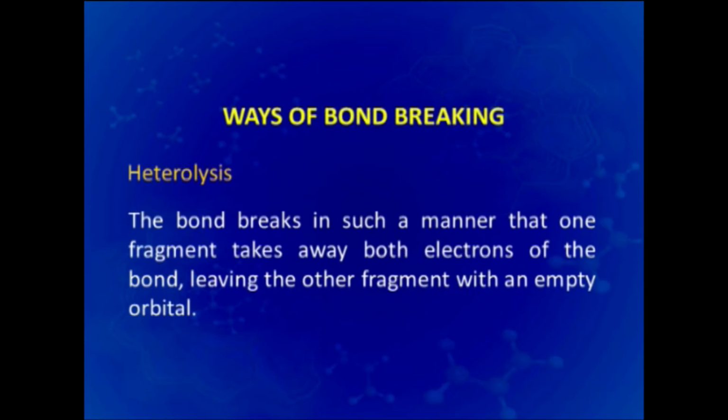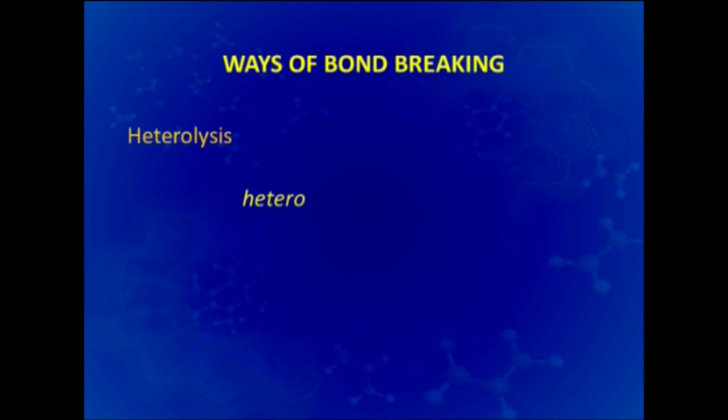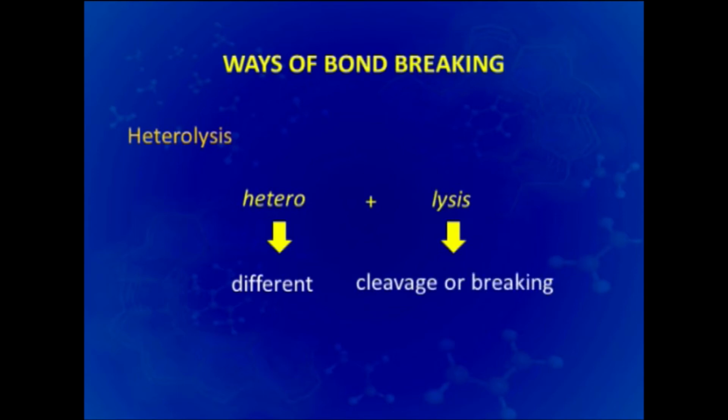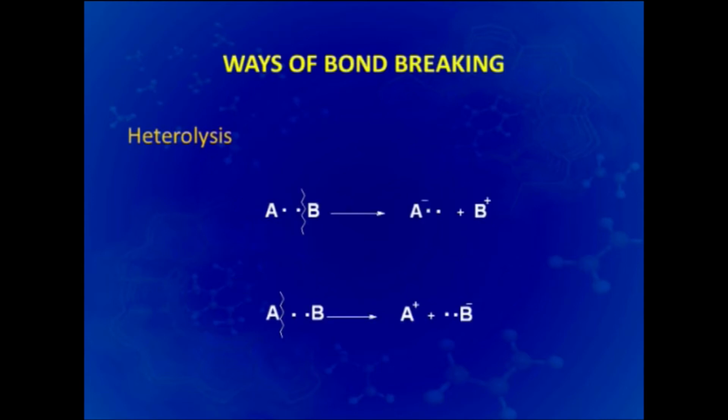See, heterolysis is made up of two words. Hetero is different, lysis is cleavage or breaking, which means that the bond breaks in a heterolytic manner. What does that mean? Suppose we have a molecule with two atoms in it, A and B, both of these in a covalent bond sharing an electron each.